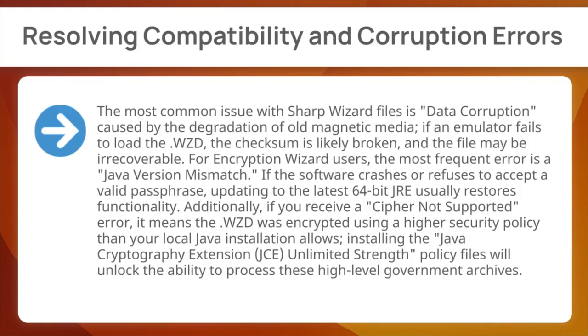Additionally, if you receive a cipher not supported error, it means the WZD was encrypted using a higher security policy than your local Java installation allows. Installing the Java Cryptography Extension, JCE, Unlimited Strength Policy files will unlock the ability to process these high-level government archives.